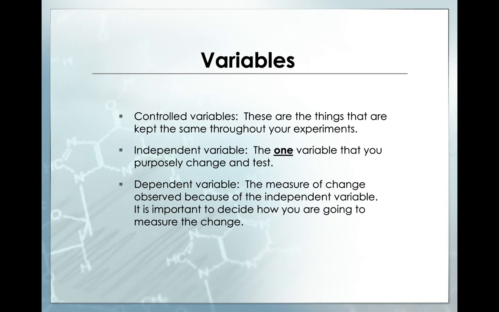On the next slide, you are going to have your variables. There are 3 variables that we're going to be working on. You have the controlled variable, and this is the thing that's going to be kept the same throughout the experiment.